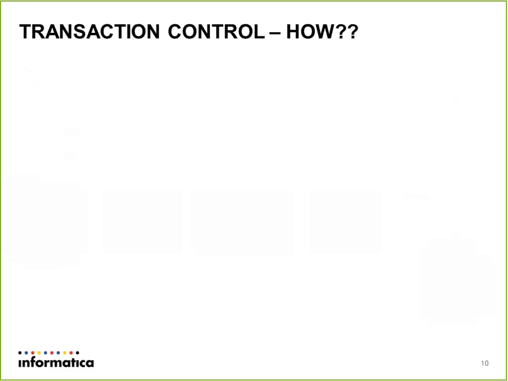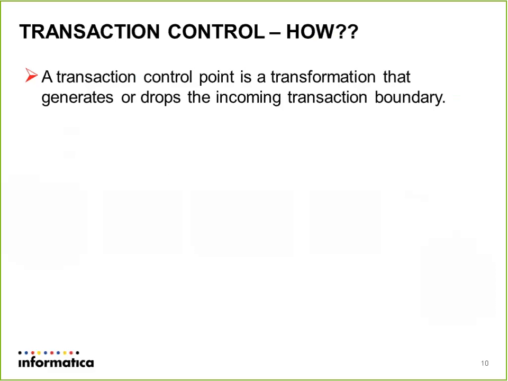But it all boils down to one particular question. How do we control transactions in PowerCenter? We control transactions within PowerCenter by using transaction control points at the mapping level and using various session level properties.